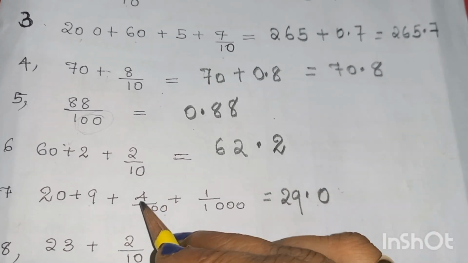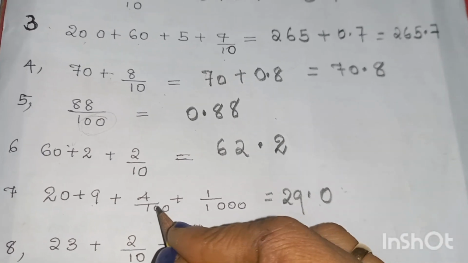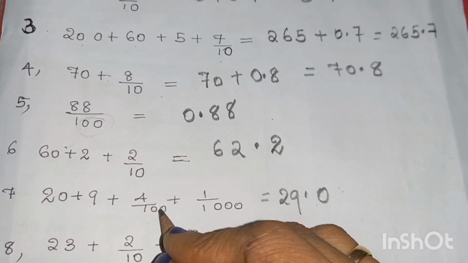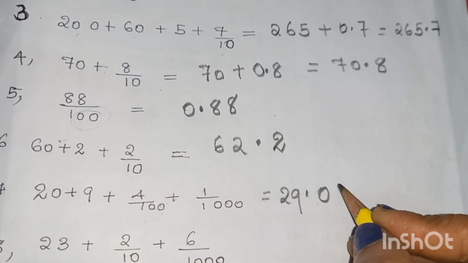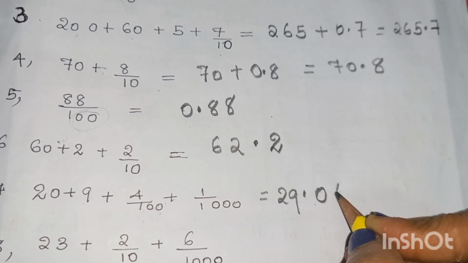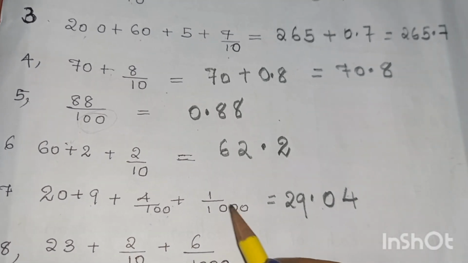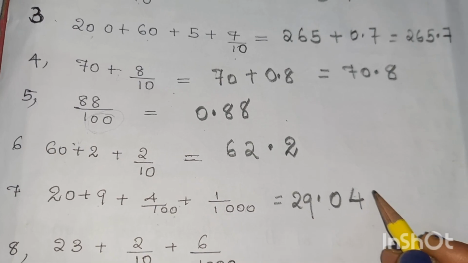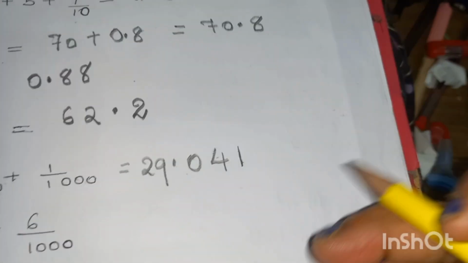So 4 by 100, how many zeros are here? 2 zeros. So we can write 0.04. How many decimal places over here? I will show you how to write this one.